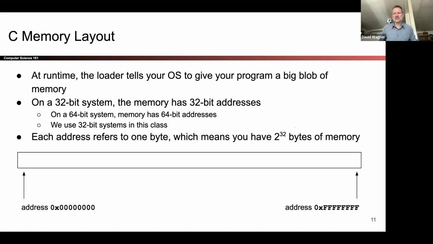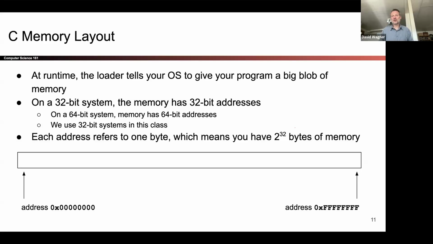There's an address for each byte that identifies that memory location. So there's 32-bit addresses, so there's 2 to the 32 addresses, or 2 to the 32 locations where a byte can be stored. So think of this as a giant array with 2 to the 32 entries, and each entry is a byte.